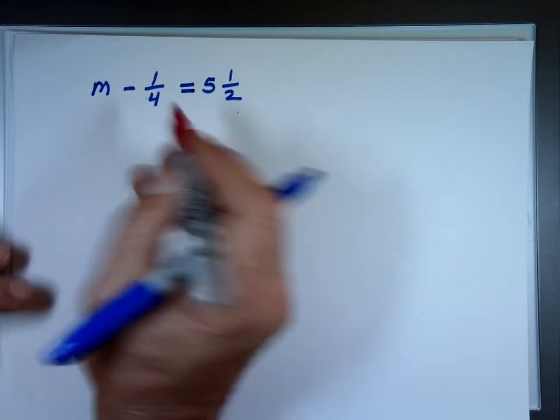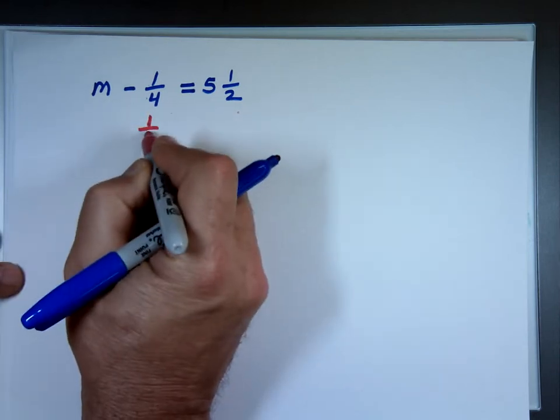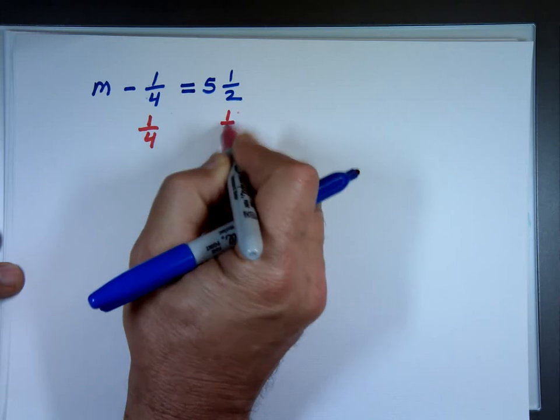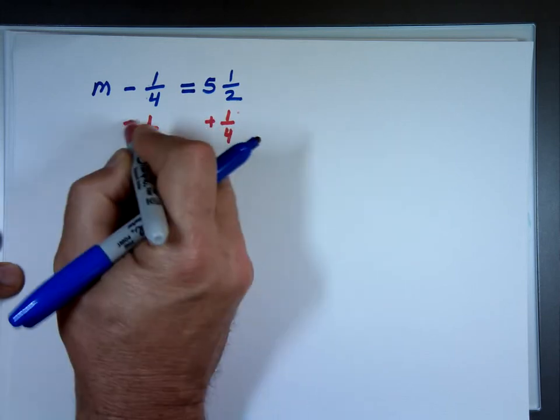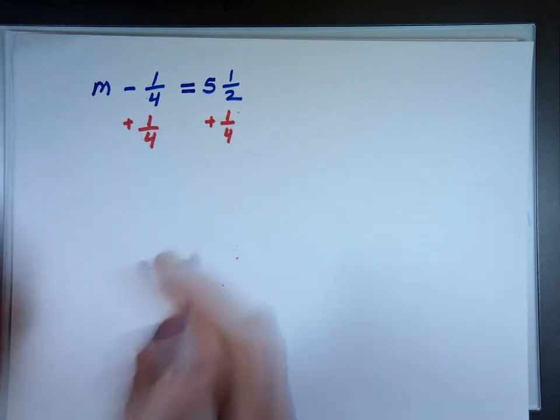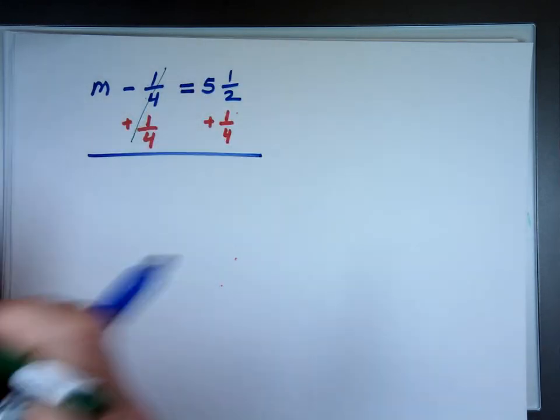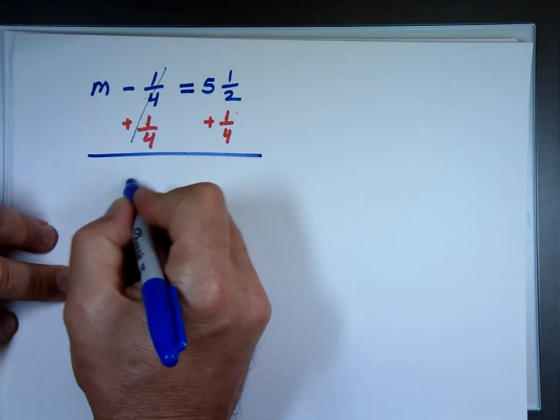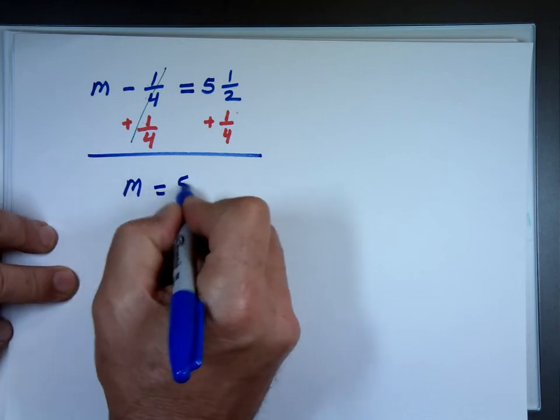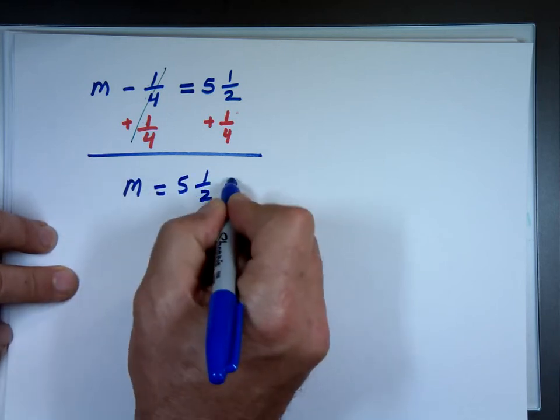What do we do? Add 1/4. Gone. M equals 5 1/2 plus 1/4.